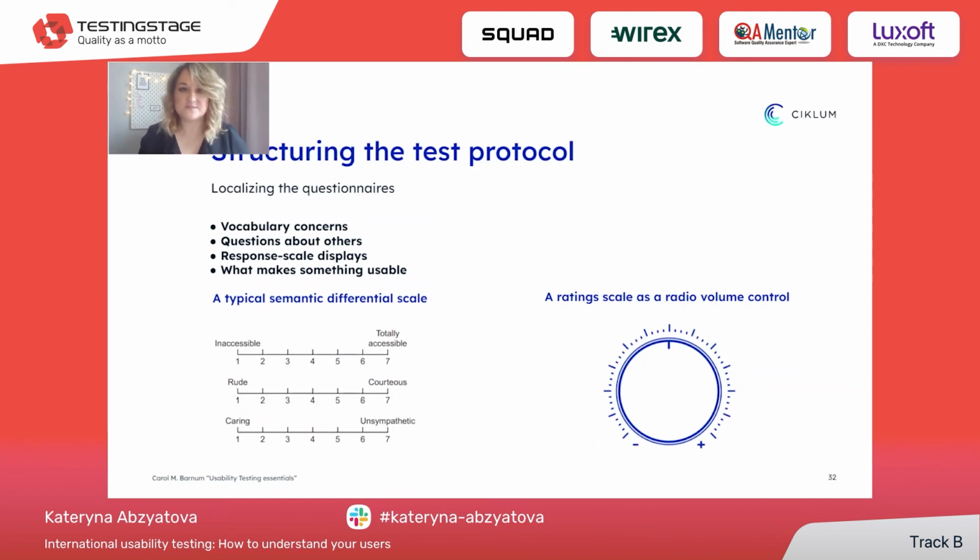Response scale display: you can see on the picture an example from one study in India. They faced the problem that if they used a typical differential scale for responses, people in India usually chose edge cases, for example 1 or 7, and very rarely used something in the middle.